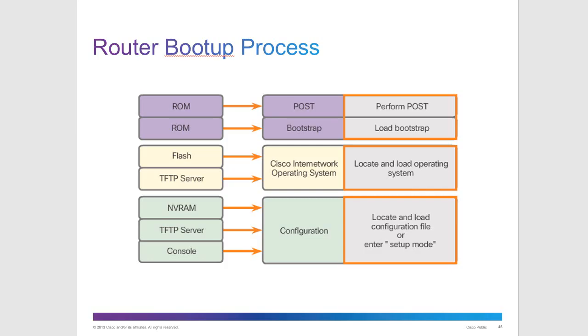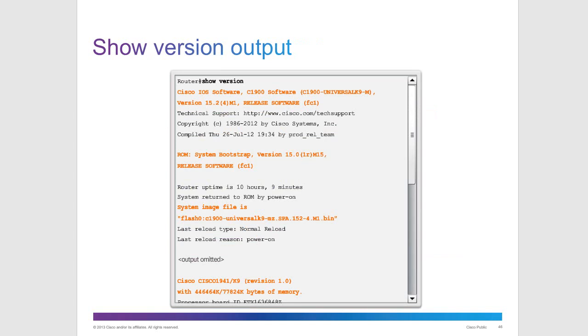At the screen that looks, well, not quite like that. That's a show version screen, but your screen with the greater than sign for user mode is what you would get to. Your show version screen is just going to show you the specifics of your version of Cisco IOS and your flash file and all other sorts of information that you have here. So you can see the software that you're running in the version there, your bootstrap version, what the system image file is.